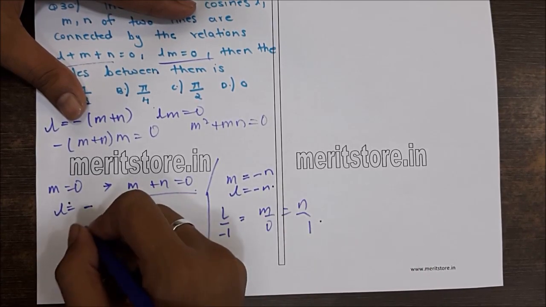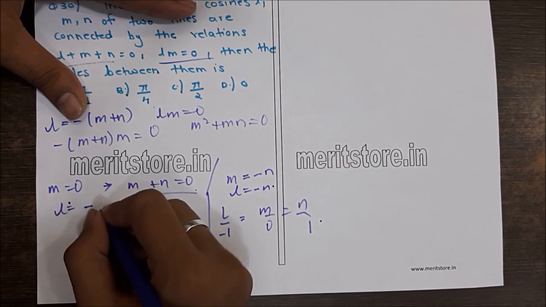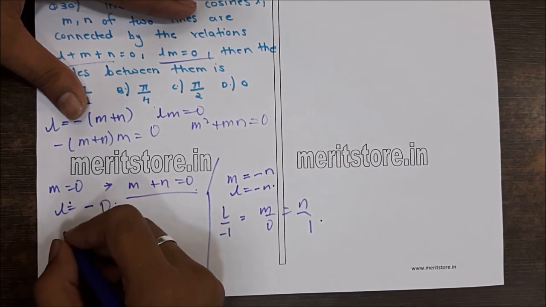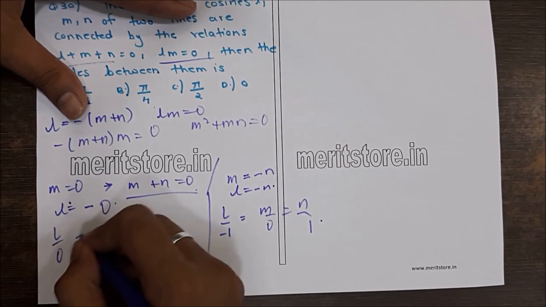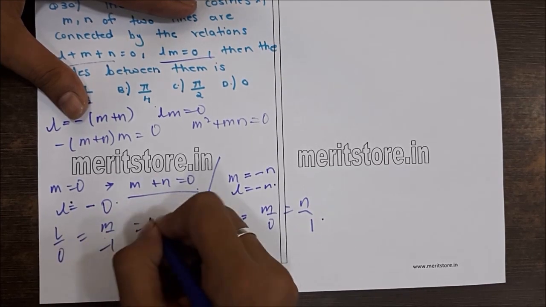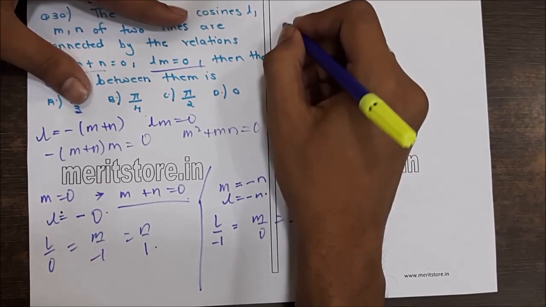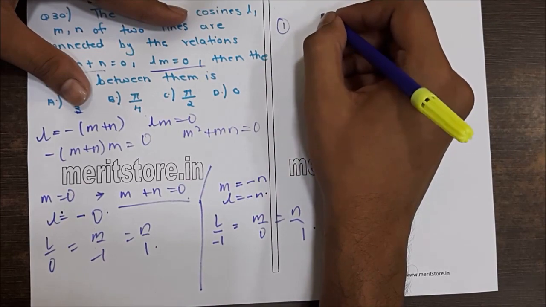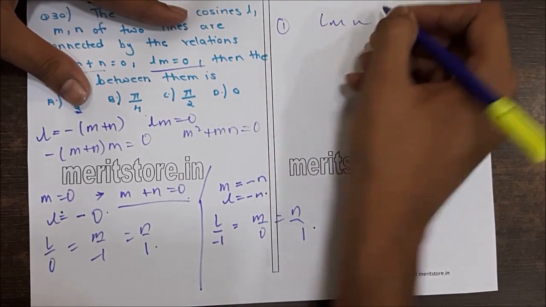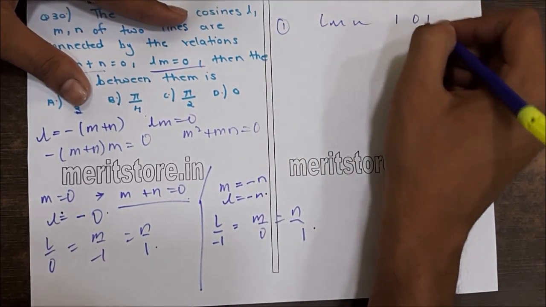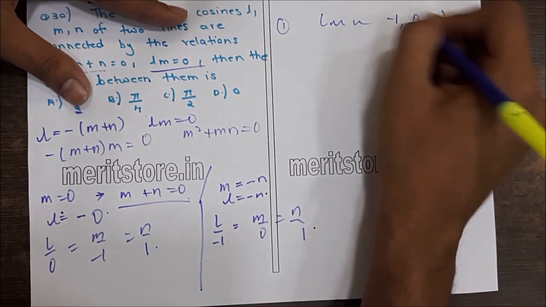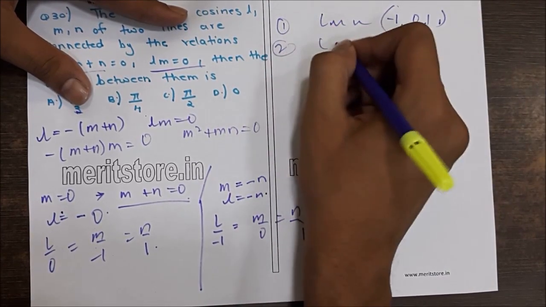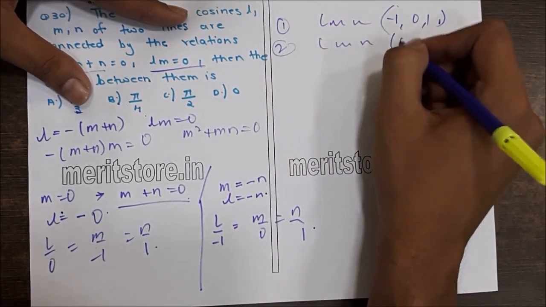And where M is equal to minus N and L is equal to 0, here we'll get L by 0 is equal to M by minus 1 is equal to N by minus 1. So in the first case, the values of L, M, N would be minus 1, 0, 1, and in the other case the values of L, M, N will be 0, minus 1 and 1.